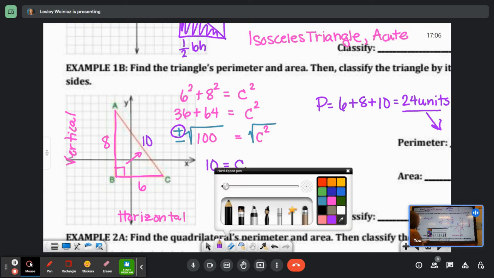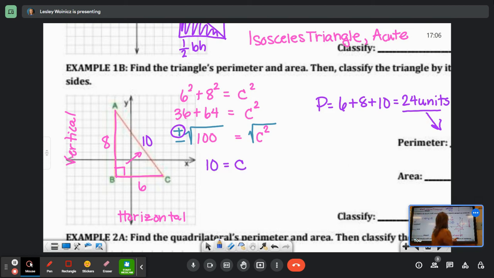Okay, remember that a triangle is just half of a rectangle. So I can just do base times height and then take half of it, right?